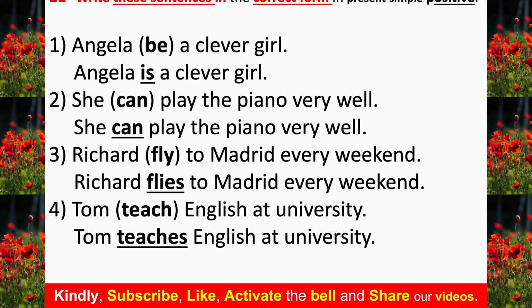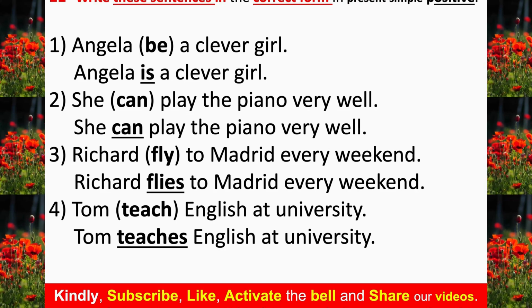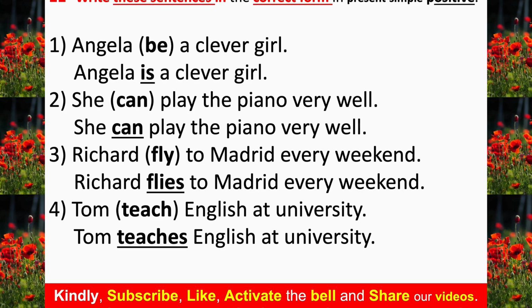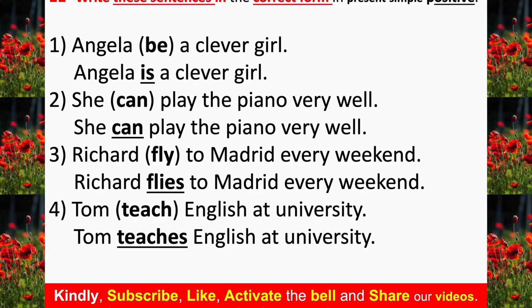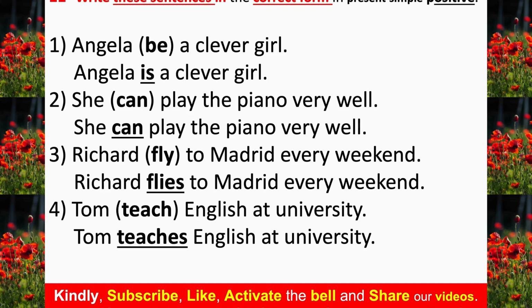So is. Angela is a clever girl. She can play the piano very well. As you remember, when we studied verb can, we said that verb can doesn't change with all pronouns. So it doesn't take S with he, she, it. So I can, you can, he can, she can, it can, we can, you can, they can.